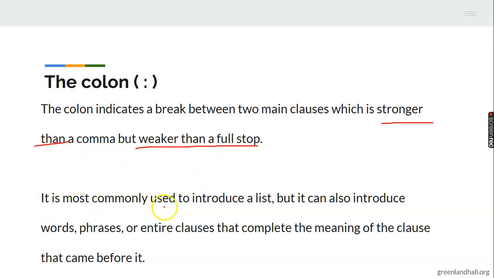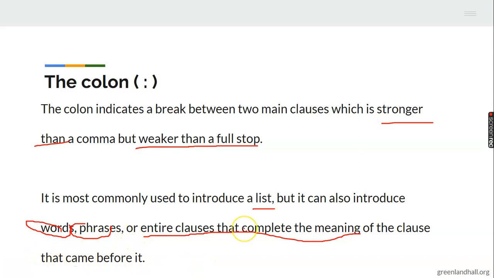Okay? It is most commonly used to introduce a list, but it can also introduce words, phrases, or entire clauses that complete the meaning of the clause that came before it.